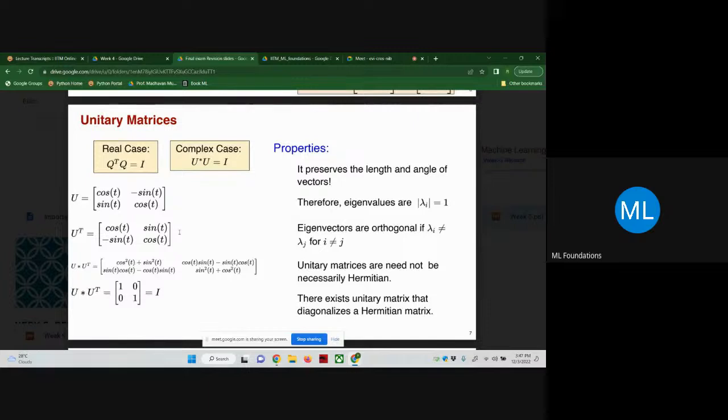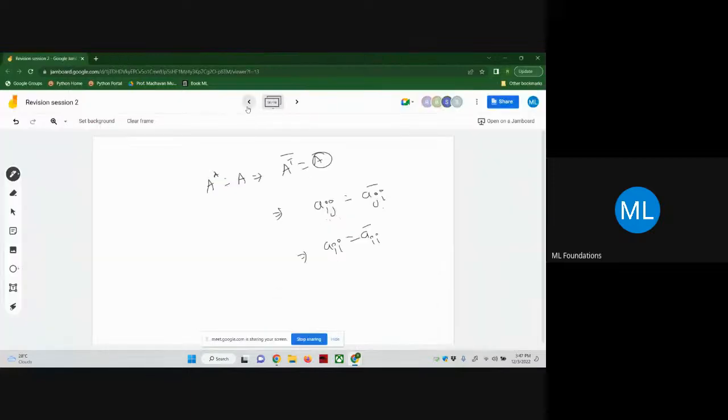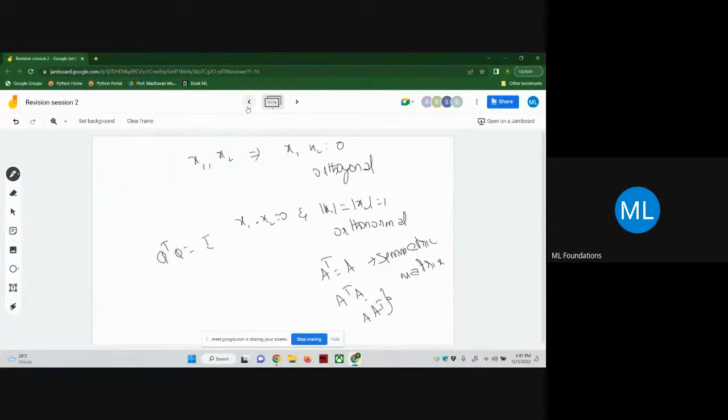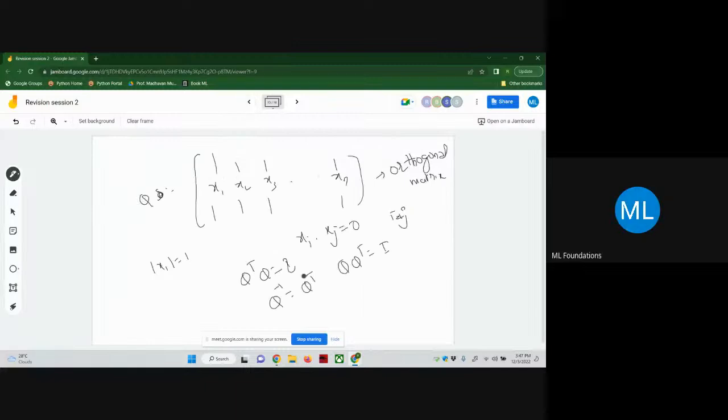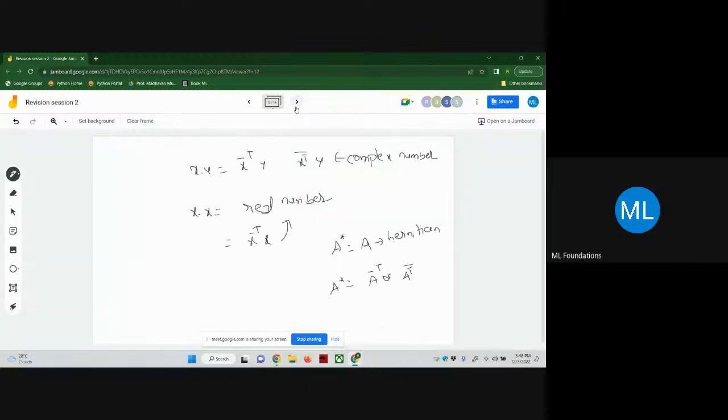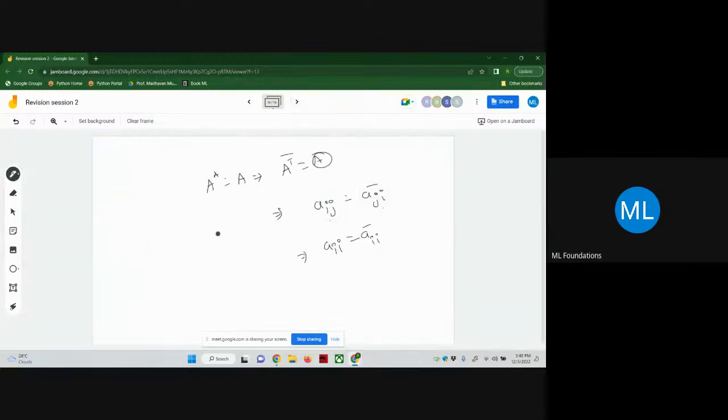In the orthogonal matrix, we saw Q transpose Q is equal to I. In our particular case of the complex space, it's going to be U star U is equal to I. Instead of just the transpose, we are adding the conjugate also.